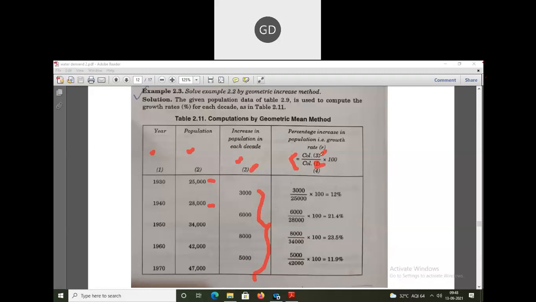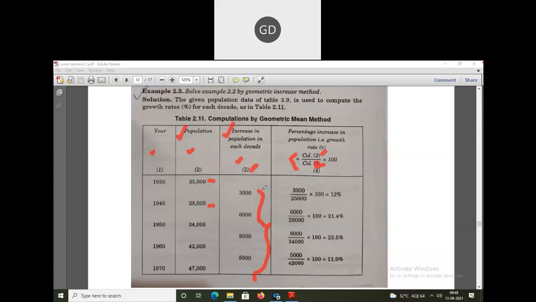Column 3 divided by column 2, into 100. Since the growth rate is in percentage, you need to multiply it by 100. So basically it is column 3, the increase in population in each decade, divided by your population, and you multiply it by 100 so that you get the answer in percentage.